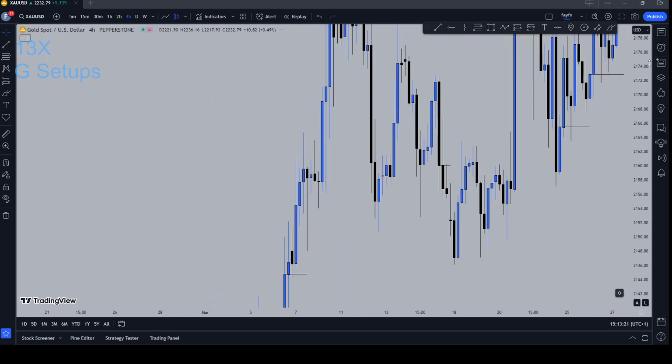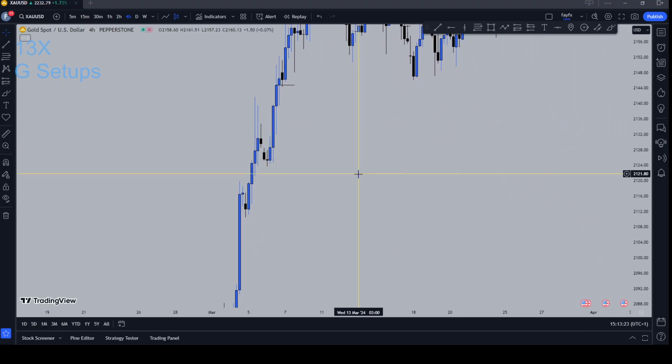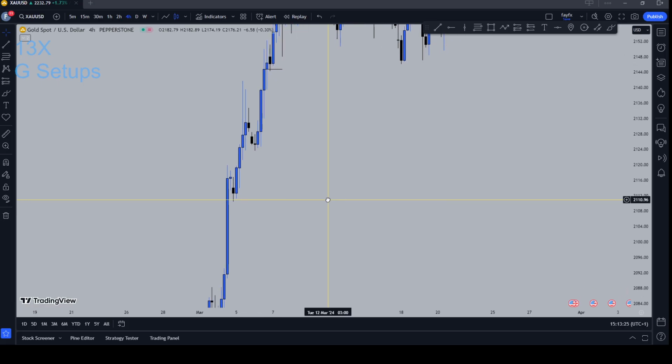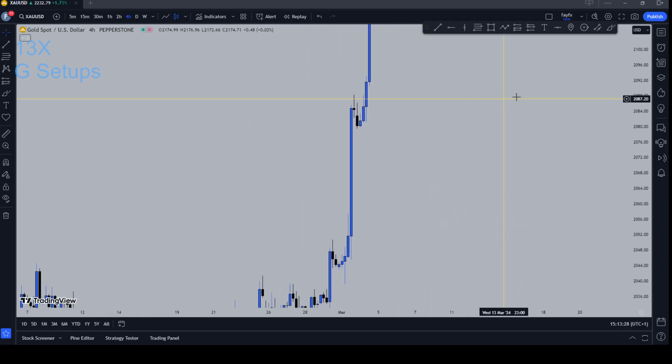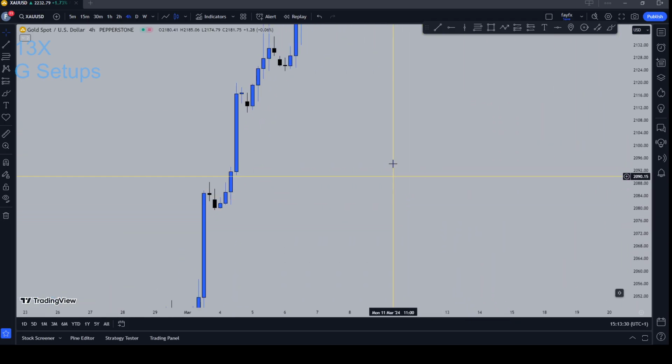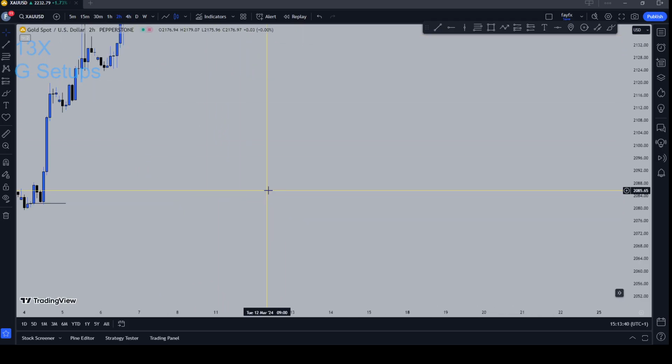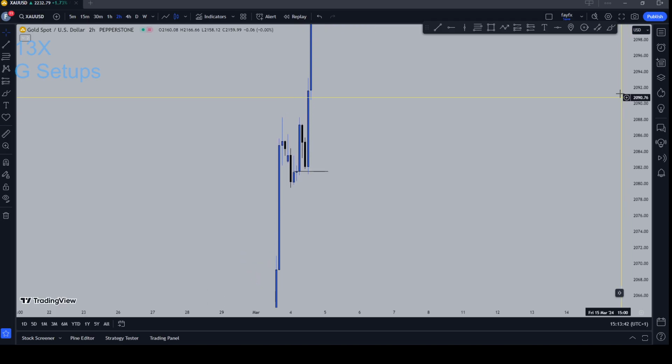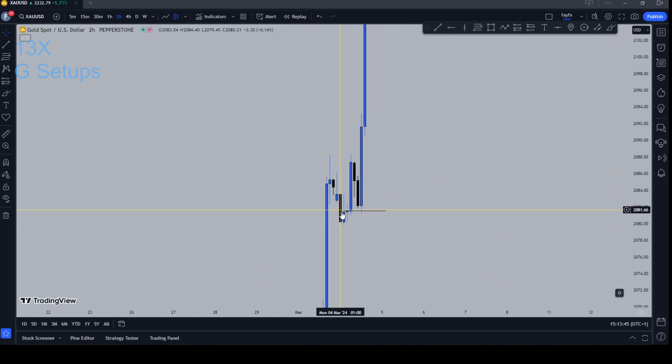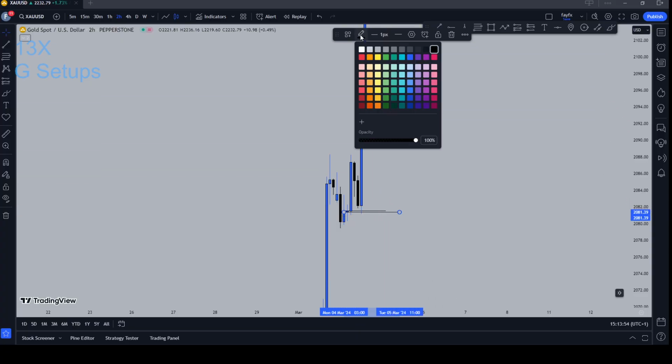Let's find another example. Look here. We have an H4 gap. When we go one time frame lower, we find another gap, but just below this gap, we have a gap CC.